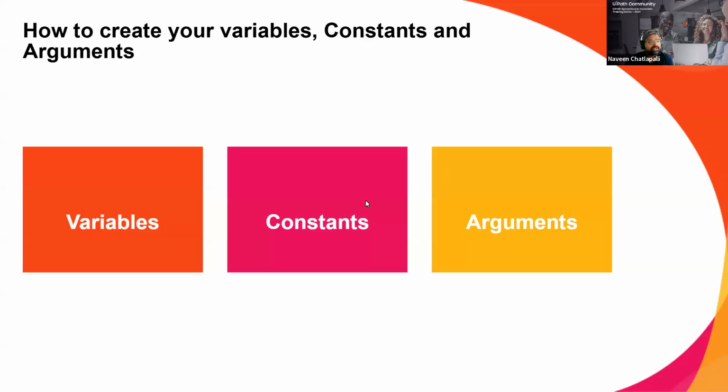And constants are something which doesn't change, that you want to remember within your automation. Let's say you want to give some target date for your automation which is constant, right? So you will hard code that value inside that constant, and it never changes.